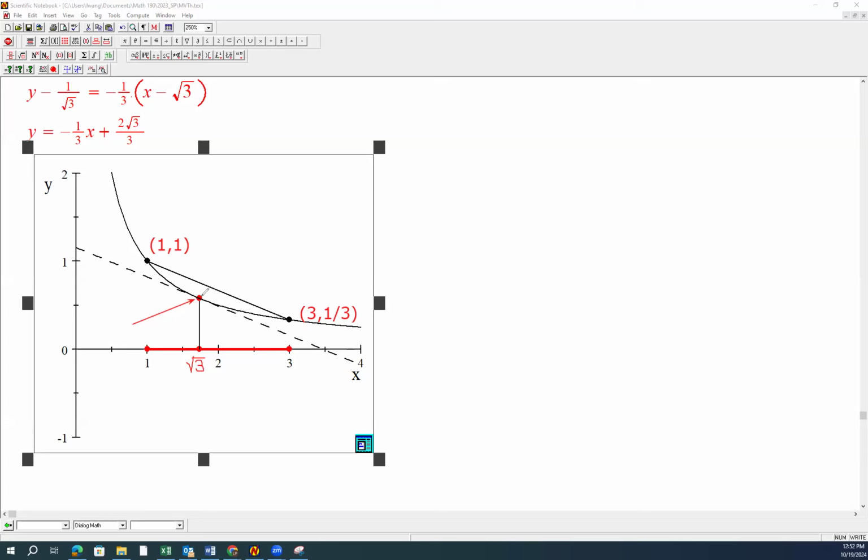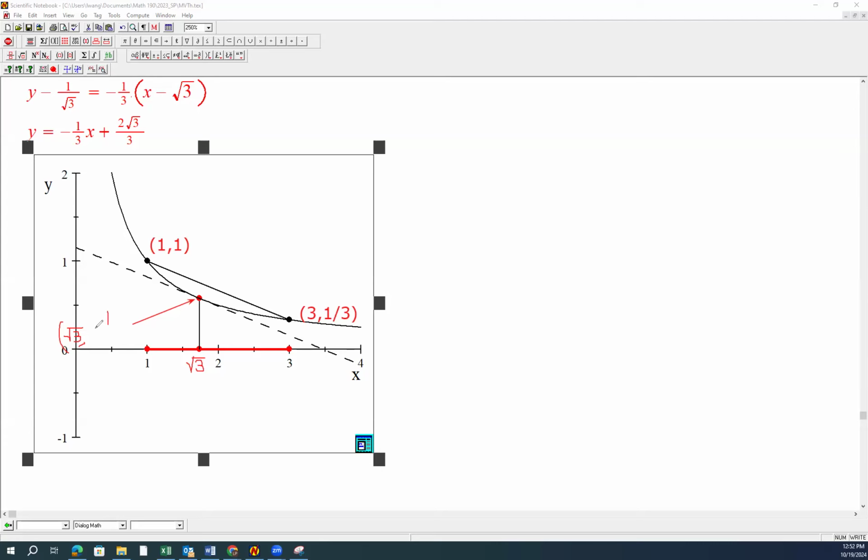So this point is root 3, comma, and we plug in that function.